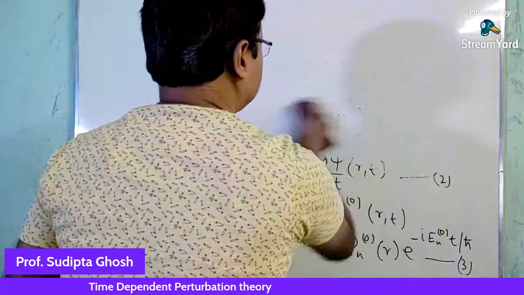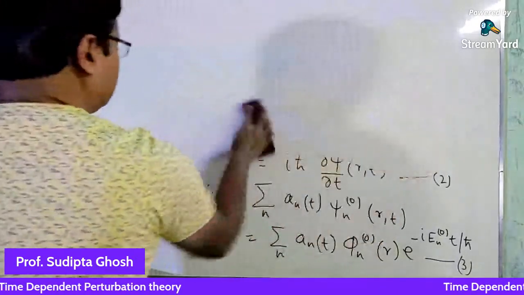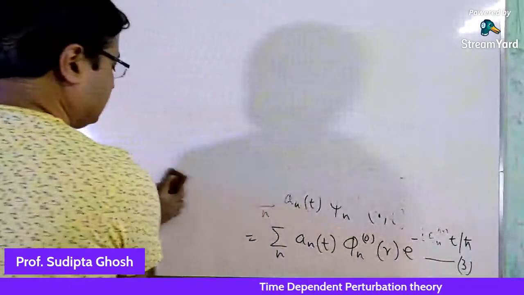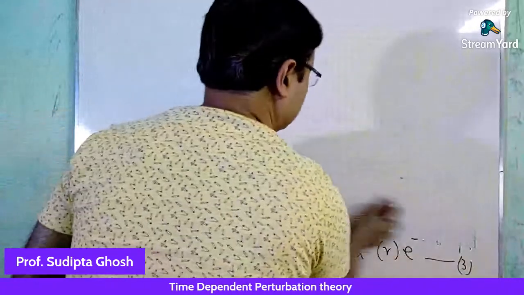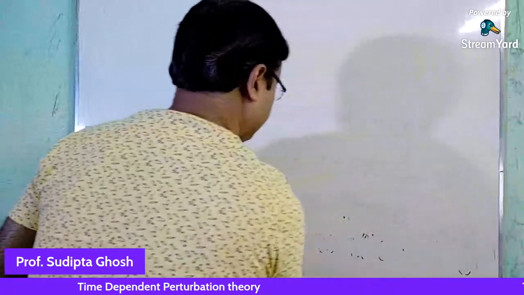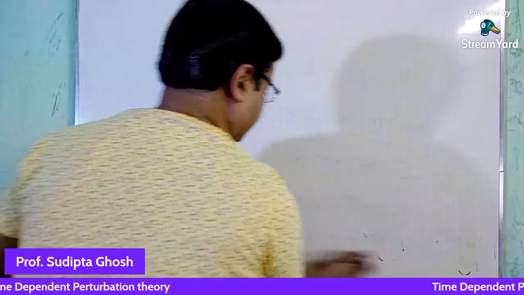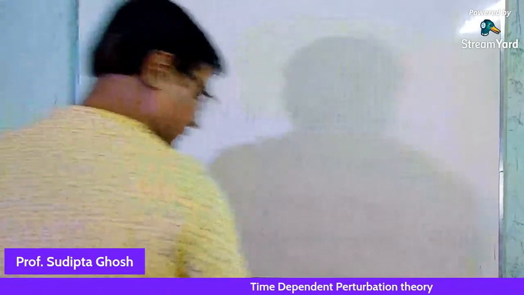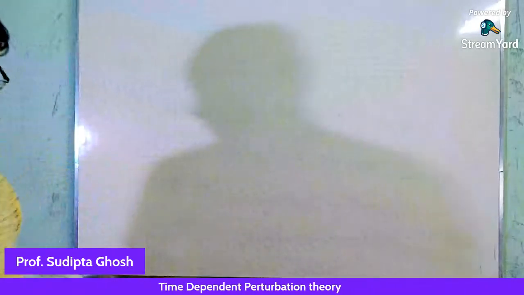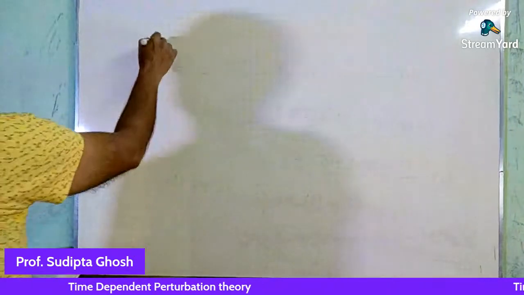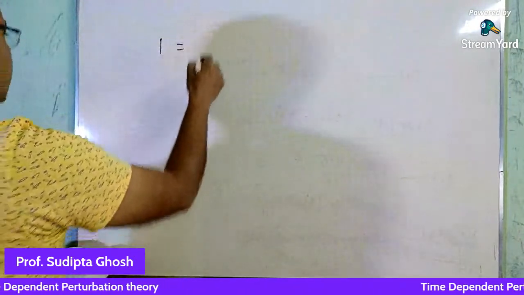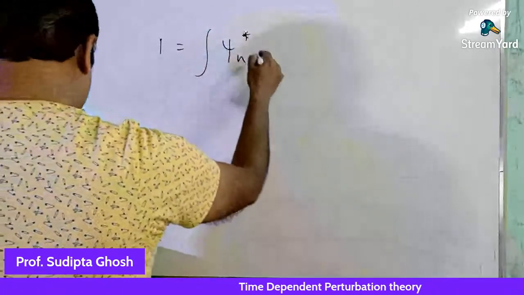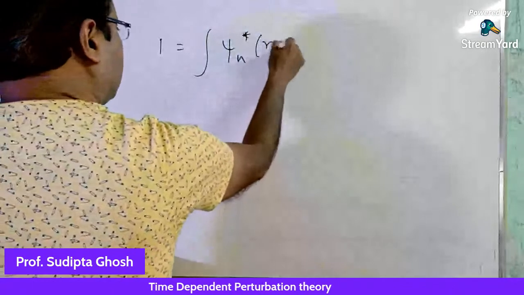We can write 1 equals the integral of psi n star, a function of r and t, times psi n, again a function of r and t, d tau, if the function is normalized.